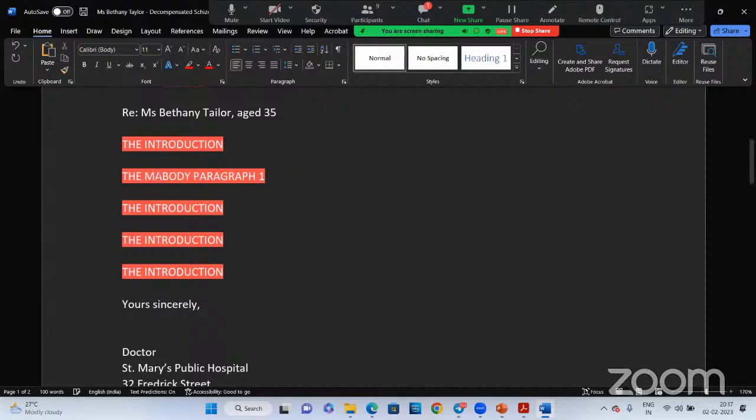The main body paragraph 1. Next one is the main body paragraph 2, and then the main body paragraph 3. And here it is the conclusion.